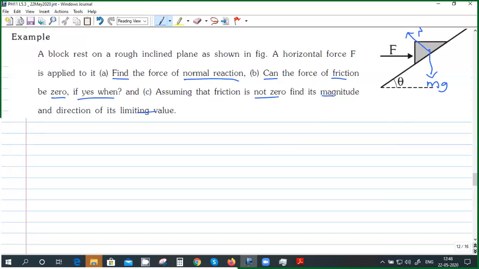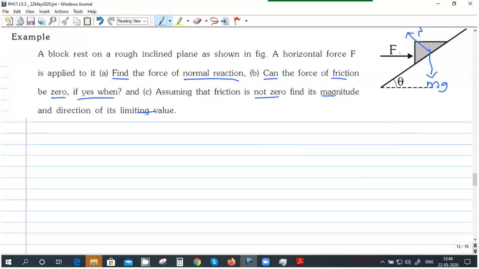For the normal reaction, we don't have to consider the direction of the friction force. It does not matter, either this way or that way. The things that contribute to normal reaction are mg and the applied force, right? For that, what is this angle? Theta.